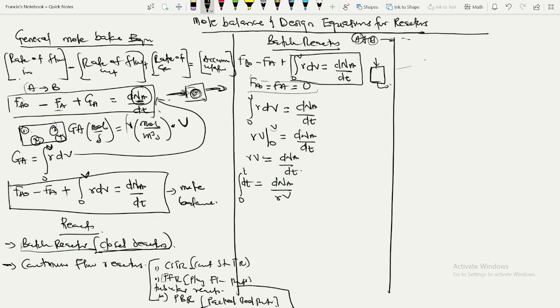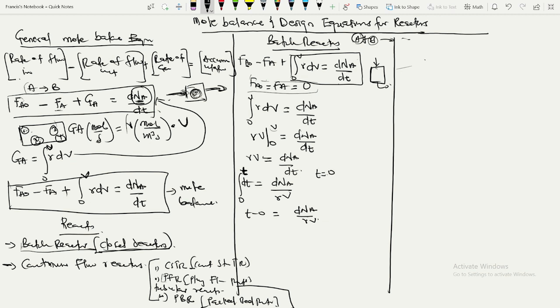And when you integrate from 0 to a certain time t, this time t refers to after what period we should come and check our reactor. So that will give us t minus 0 to be equal to the integral of dNA over rV. And then since we are integrating from 0 to t, it means that at the start of the reaction, t equals 0.